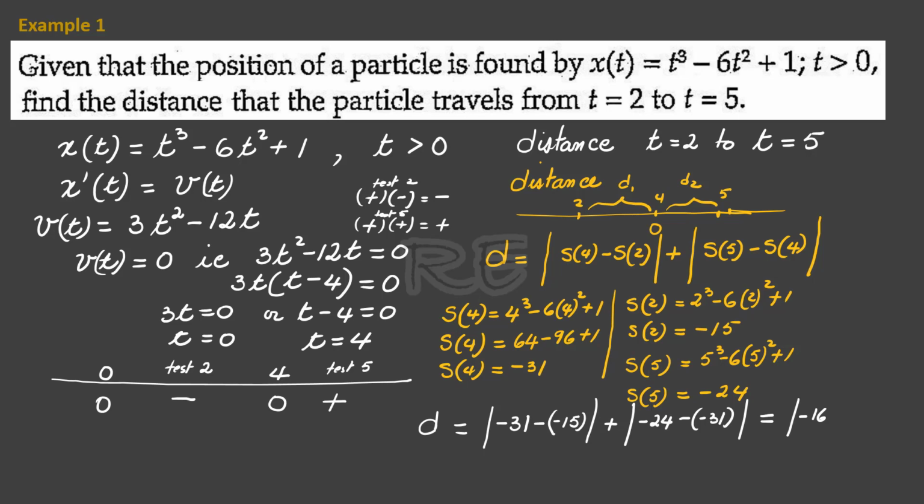So it's the absolute value of negative 16 plus the absolute value of negative 7, which is 23. 16 plus 7.